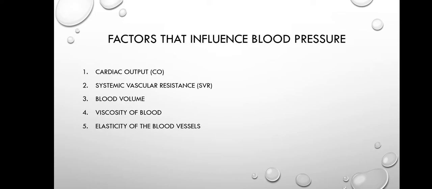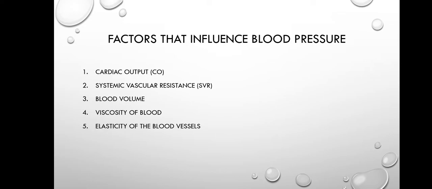Just like I said earlier, cardiac output is one of the main factors that affects BP, or rather defines BP. And oftentimes, because of the minimal contribution that these other factors have towards blood pressure, you find that cardiac output and systemic vascular resistance are the main factors that will be talked about, and blood volume to some extent.